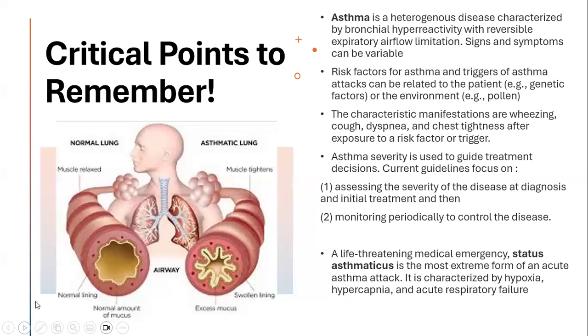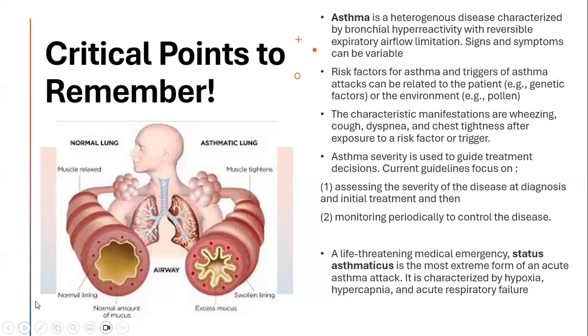Clinically, the patient presents with symptoms such as wheezing, deep snore, chest tightness, and cough, which may vary in severity and frequency. That's why a comprehensive understanding of this underlying mechanism is really essential for the formulation of effective nursing interventions aimed at symptom control, prevention of exacerbations, and improvement of patient outcomes.